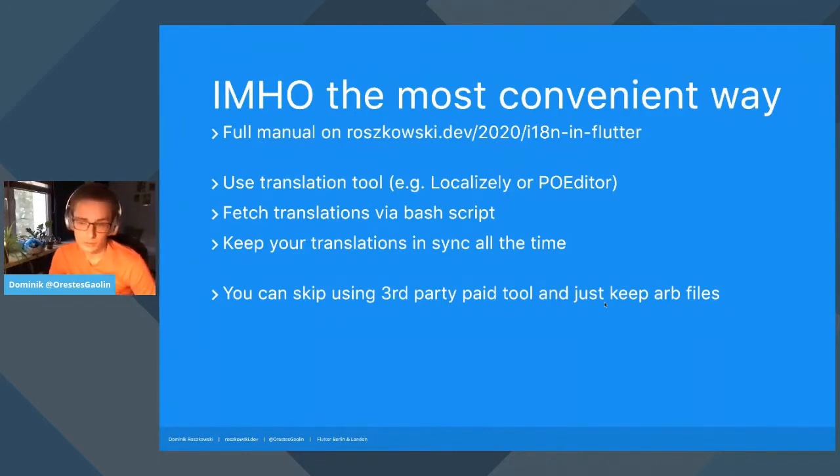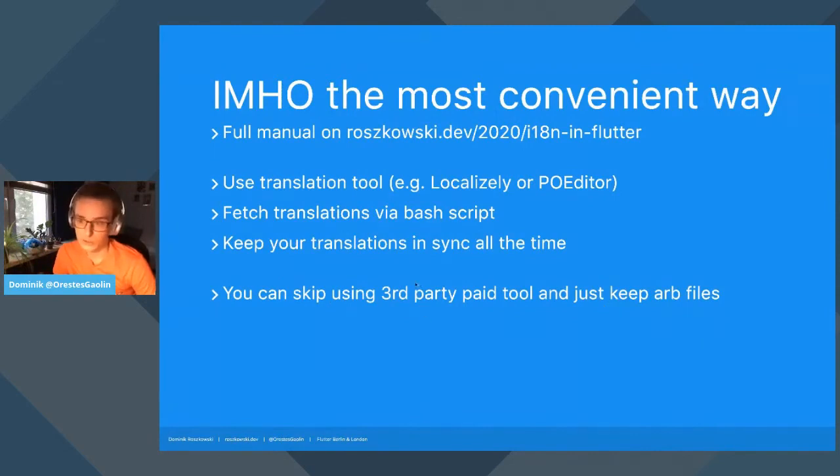Just to sum up all these points that I wanted to mention today. So use some translation tool. Don't edit your localization files manually in VS Code or Android Studio. Use a tool that is designed for that. It could be a desktop application, it could be a web application, it could be a free one or a paid one. There are many ways to choose from.